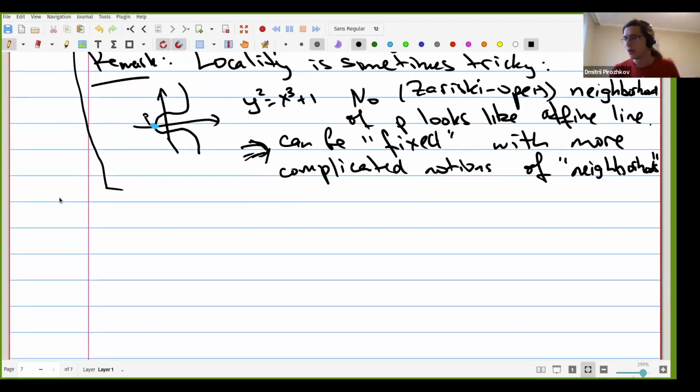Okay, so I guess I have 15 minutes, so I want to say that I have spoken at length about this notion of locality because it's a key that allows us to use commutative algebra as a basic case of algebraic geometry and reduce global geometric questions to local questions about rings.